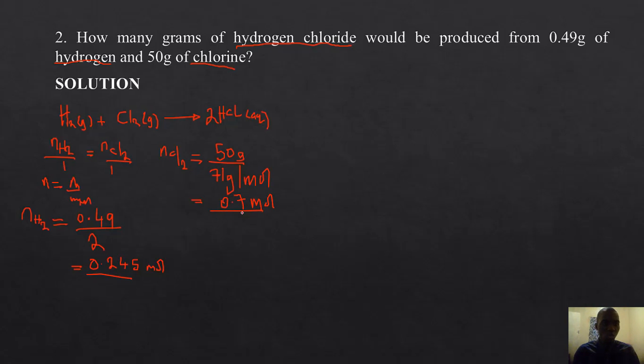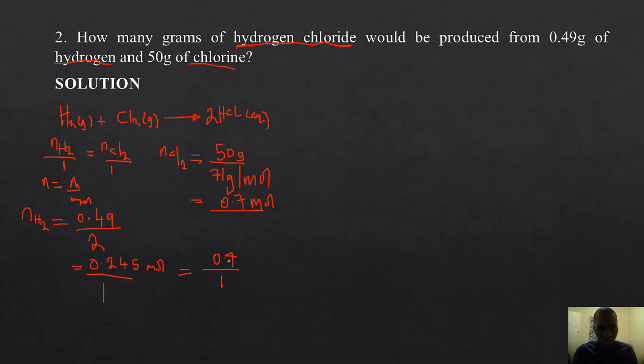Now comparing the two, we have 0.245 moles and 0.7 moles. So the limiting reagent is the one which has got less. Now that less is when you divide. So number of moles of hydrogen over 1 compared to number of moles of chlorine, which is 0.7 over 1 as well.